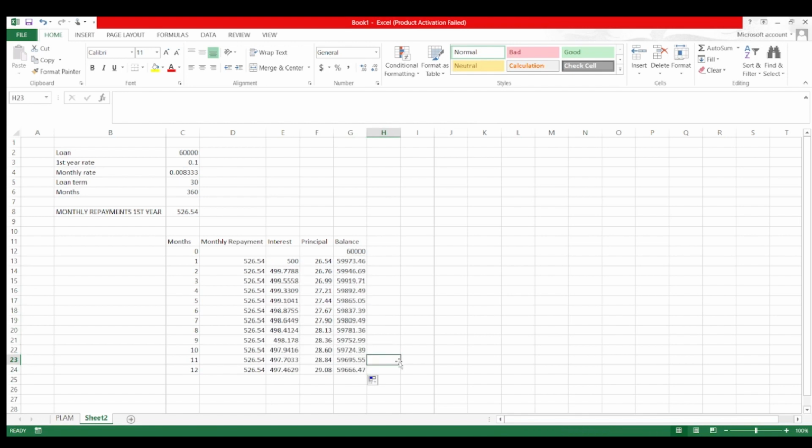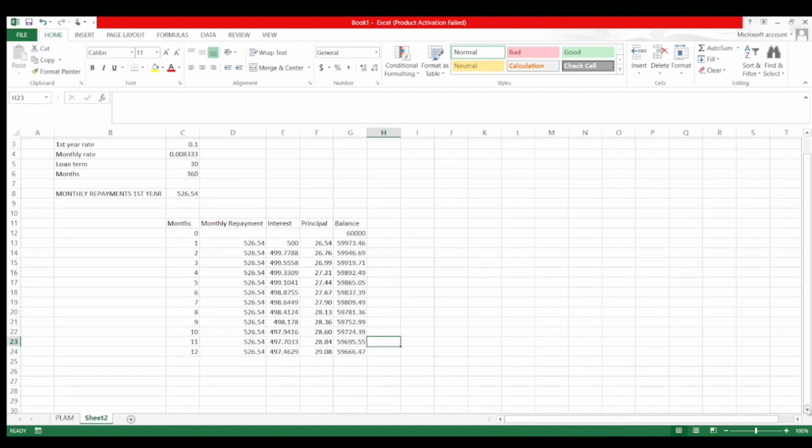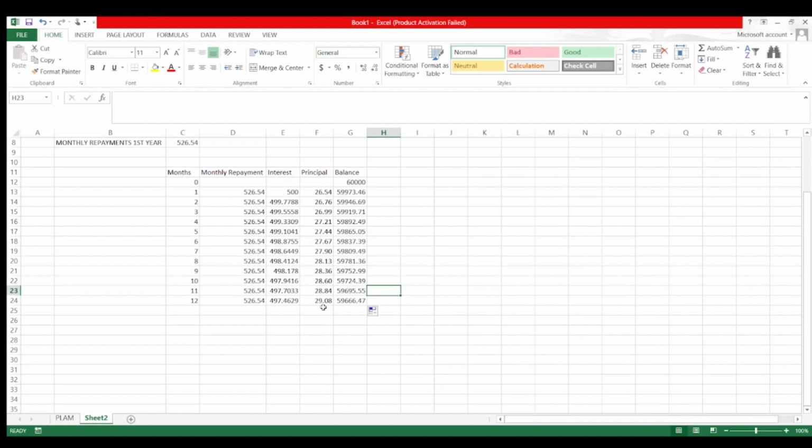So now here, we know that at the end of the first year, our loan balance is this amount, 59,666.47. However, the interest rate changes to 12% at the end of this year. So meaning our monthly repayments for the second year will have changed.